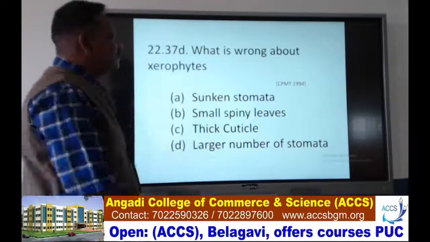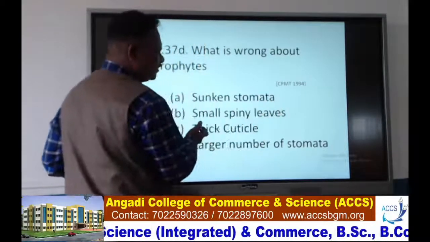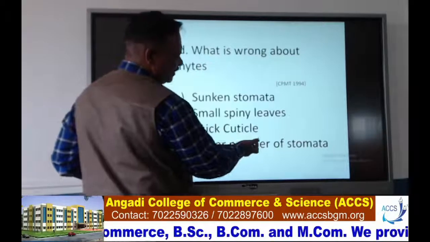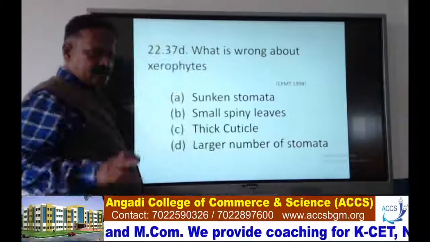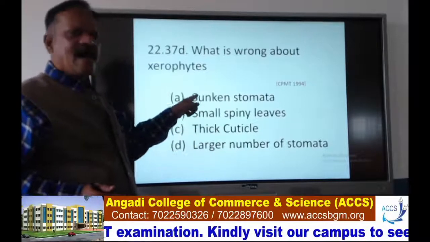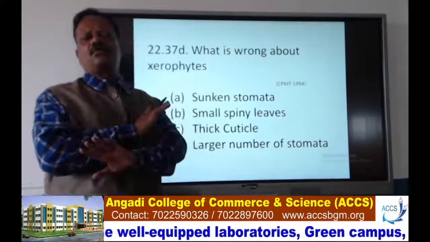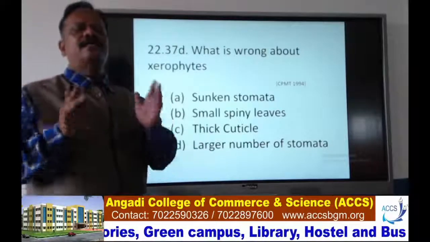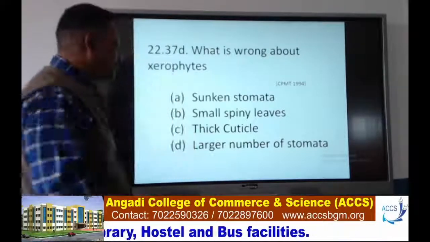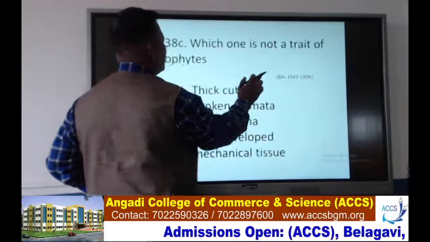Just see here, sunken stomata, small spiny leaves, thick cuticle, larger number of stomata. So the xerophytes, all these three are correct, but a larger number of stomata is totally absent. They are having sunken stomata. So option D, large number of stomata is the right answer here.